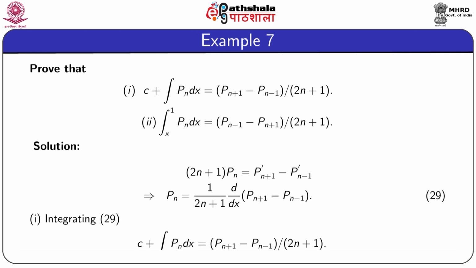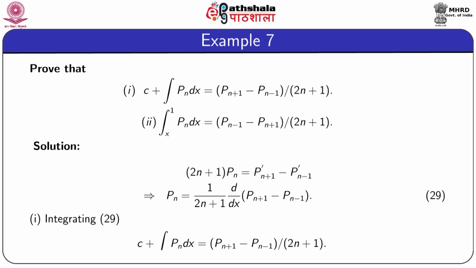In example 7, we have to show in the first part that (P n plus 1 minus P n minus 1) divided by (2n plus 1) is equal to the integration of P n dx plus a constant c. To do that, we take the recurrence relation (2n plus 1) P n is equal to P dash n plus 1 minus P dash n minus 1, and we can express it in the form given in equation 29, which is P n x is equal to 1 by (2n plus 1) d dx of (P n plus 1 minus P n minus 1).